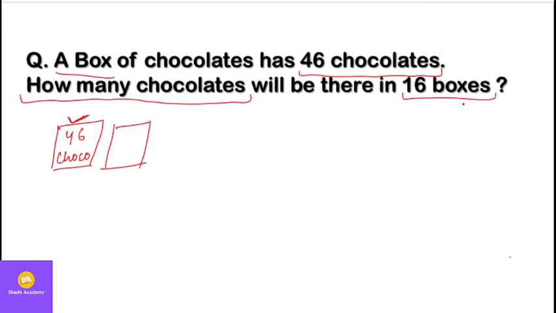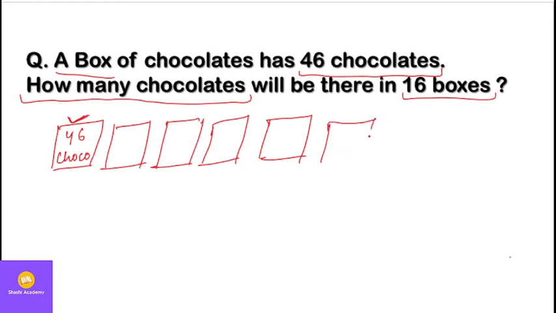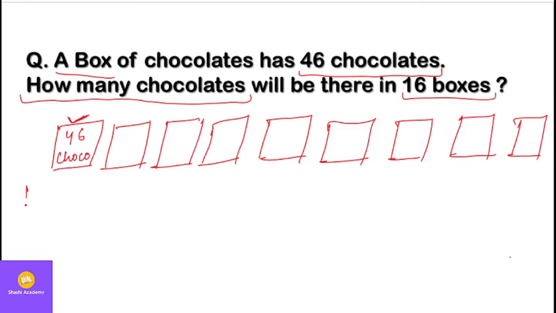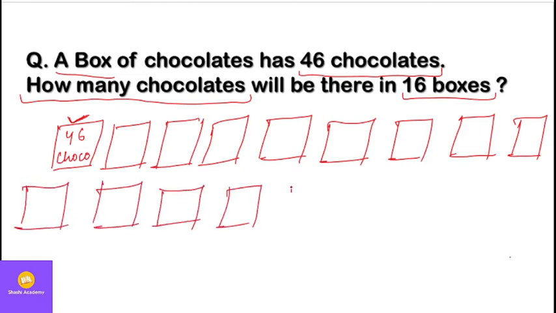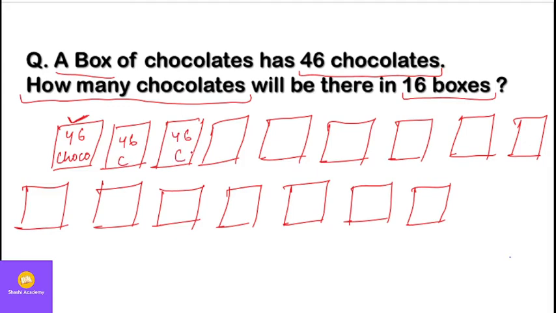Now I have to find about the 16 boxes, so I am drawing 16 boxes: 1, 2, 3, 4, 5, 6, 7, 8, 9, 10, 11, 12, 13, 14, 15 and 16, and each box is having 46 chocolates. Every box is having 46 chocolates. You have to count the number of total chocolates in all the boxes together.